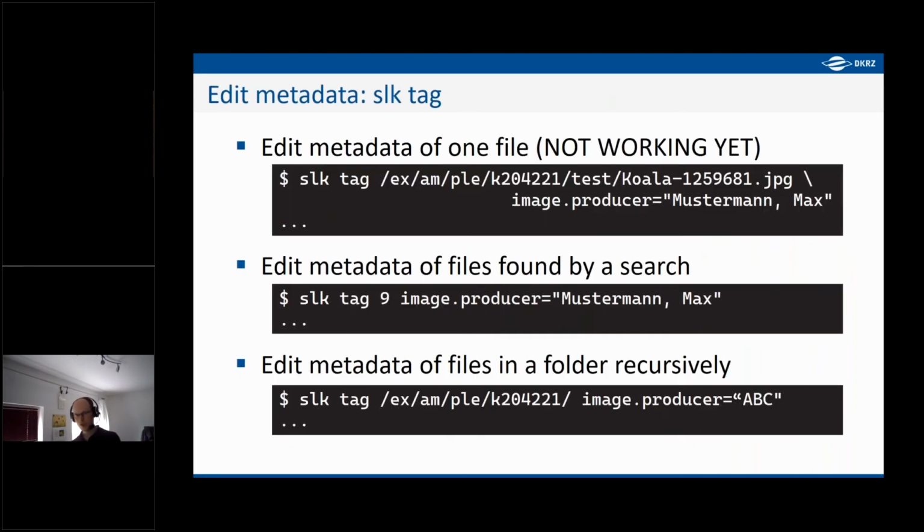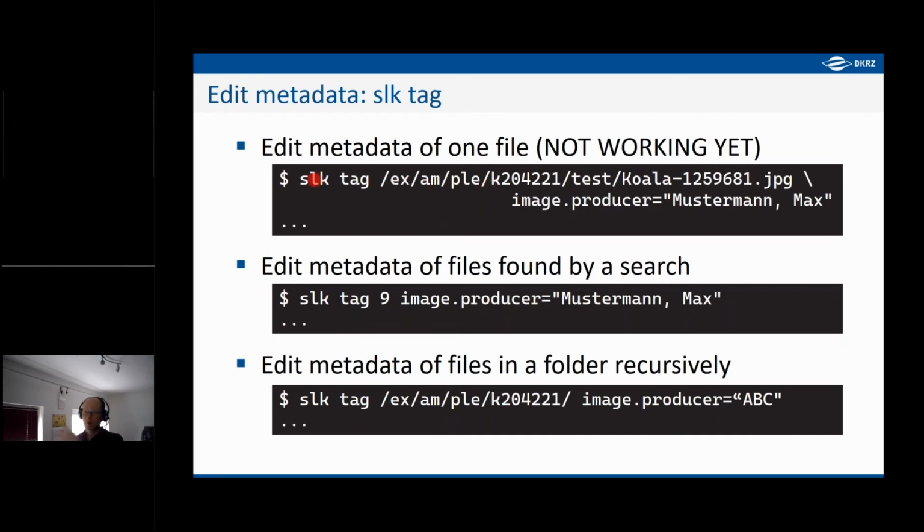Right, so you can search by metadata, not only general, but by netCDF and other metadata. There's also the possibility to set metadata on objects. In future, we will have the possibility to put it directly on individual files with the command slk tag.